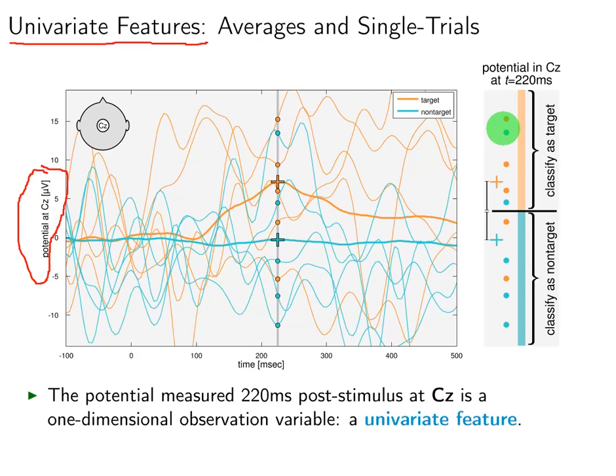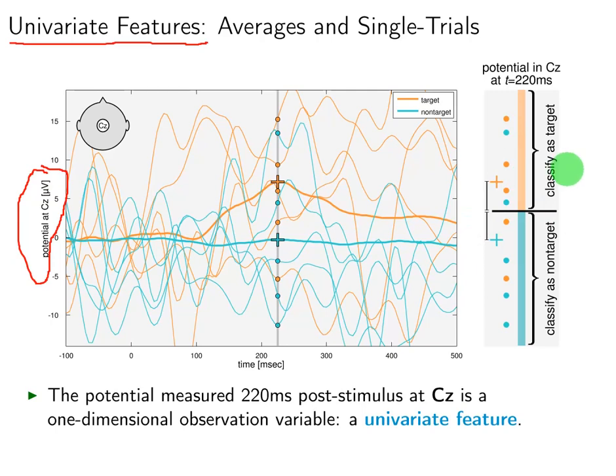These dots represent the amplitude value of each individual trial that corresponds to target or non-target. And this cross represents the average of target and non-target.